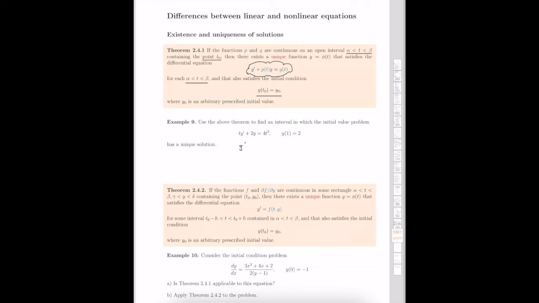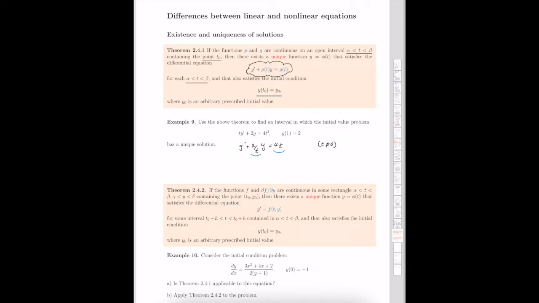It will be y prime plus 2 over t times y, and of course I'm assuming that t is not equal to 0, is equal to 4 times t. So now this is my p and this is my g, right?